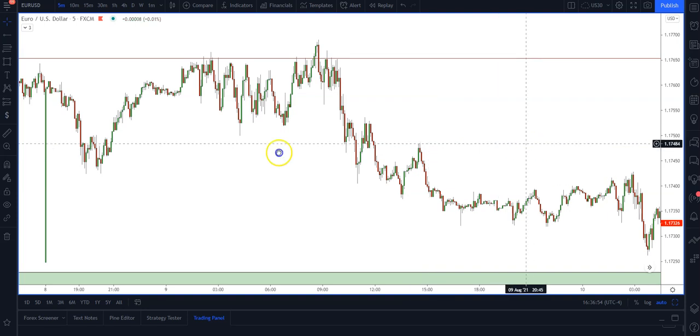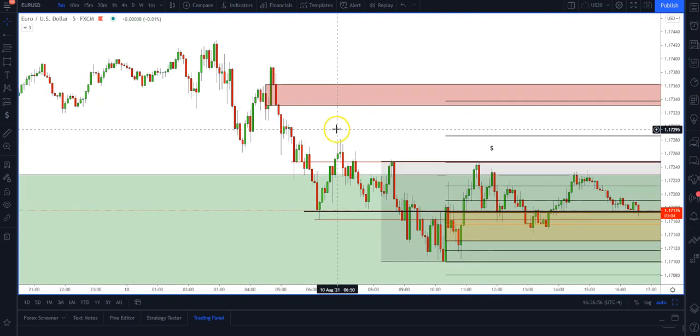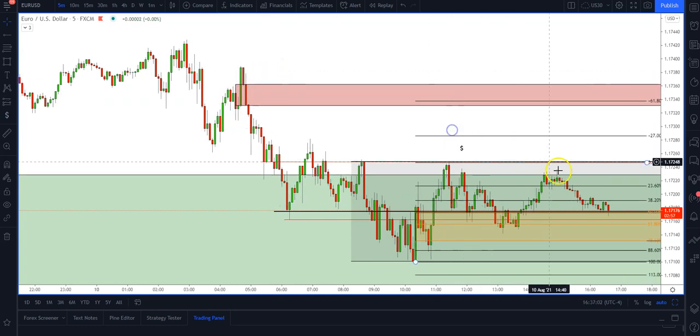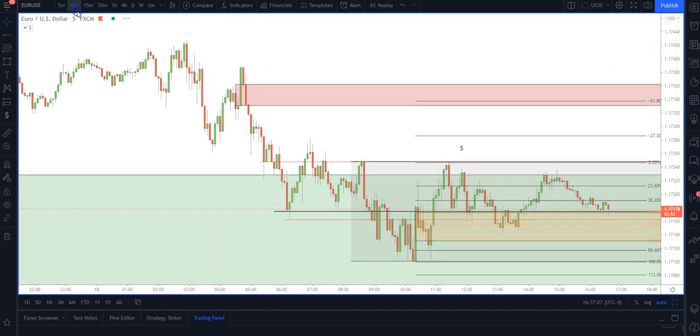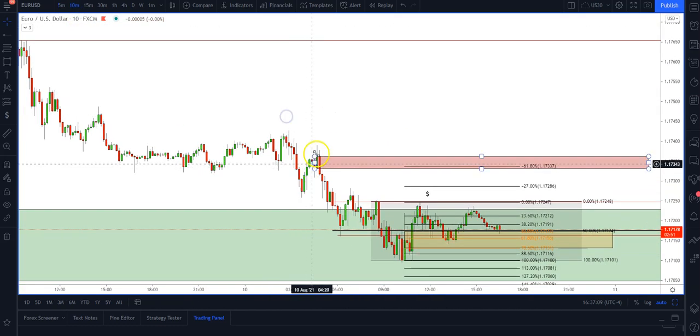Right here. So this order block, it looks like it might jump up there to mitigate, plus the fair value gap right there. If we go to like the 10 minute, we see the order block right here. And by drawing the fib, the negative 61.8 is also on this zone. So that's the confluence that I'm seeing.